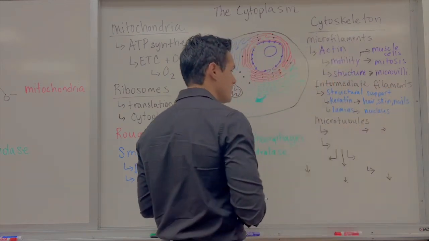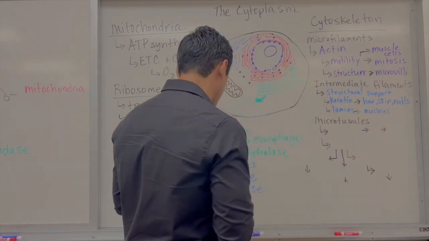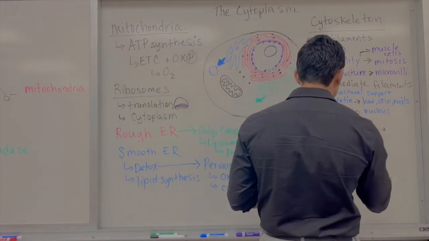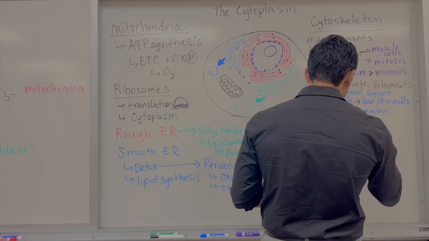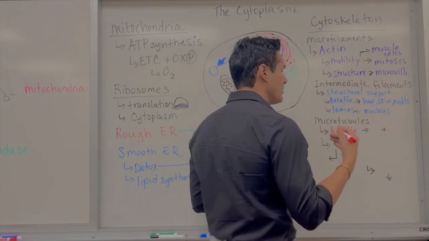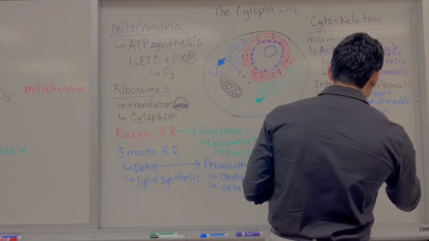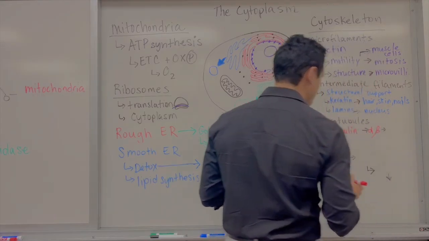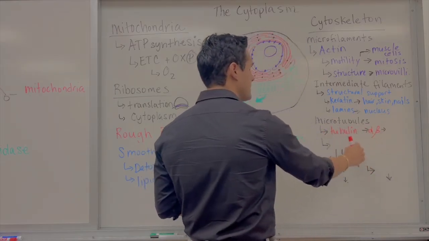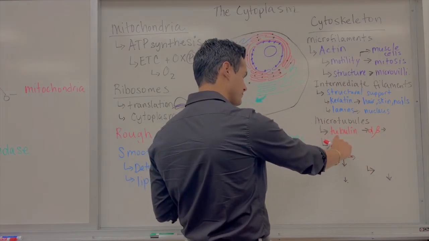Now let's move on to our microtubules. Microtubules are composed of a protein which is known as tubulin. And tubulin is the quaternary structure that's composed of two main components: the alpha as well as the beta subunit. These alpha and beta subunits form tubulin.